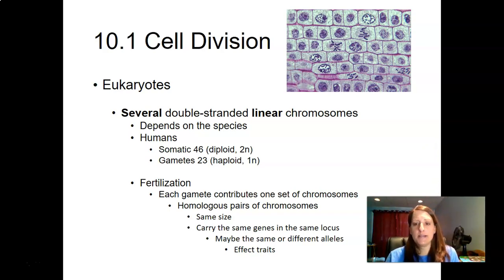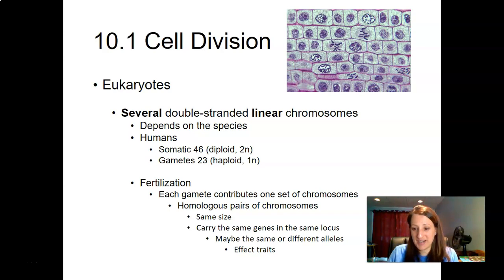Any organism that is eukaryotic would fall into that category. Eukaryotes, yes, still have double-stranded DNA, but that DNA is not circular. Instead, it's linear. And most eukaryotes are going to have several of these linear chromosomes. The number of chromosomes depends on the species.